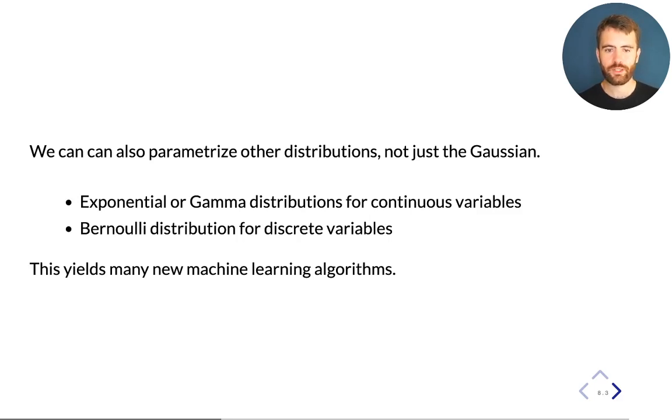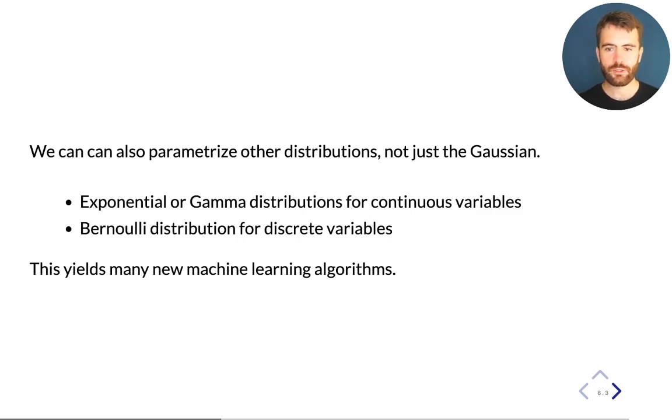For example, the Poisson distribution might be a better approach here. And we can parameterize the Poisson distribution in the same way that we just parameterized the Gaussian distribution. And now this can give us a specialized algorithm that's better suited to the kind of Poisson data that we might have. And we can also do the same thing with discrete variables by parameterizing the Bernoulli distribution.